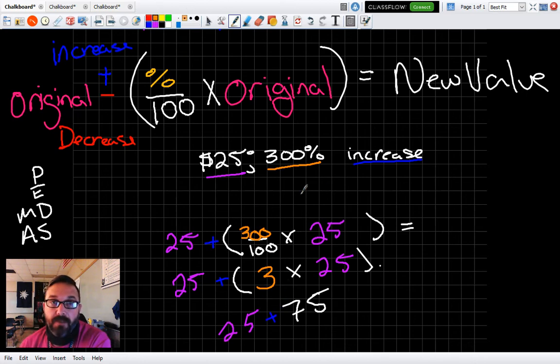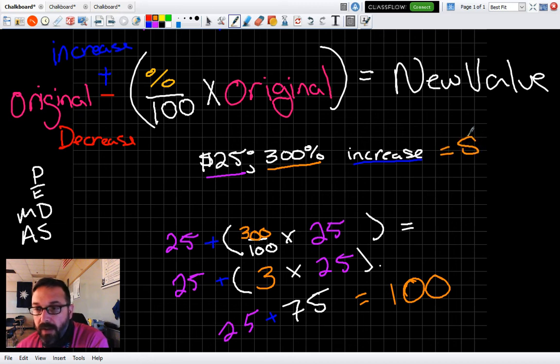Now 25 plus 75. If I have 3/4 and I add one more quarter, I have a whole dollar or 100. So $25 with a 300% increase. We are dealing with dollars, so we put our dollar sign, $100.